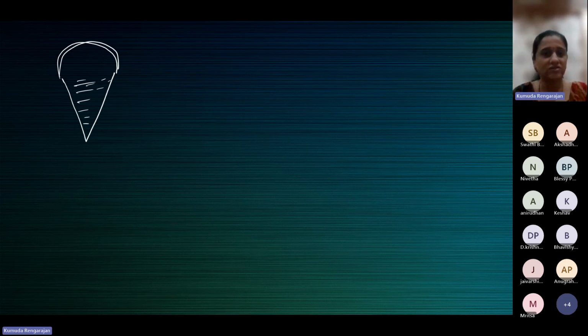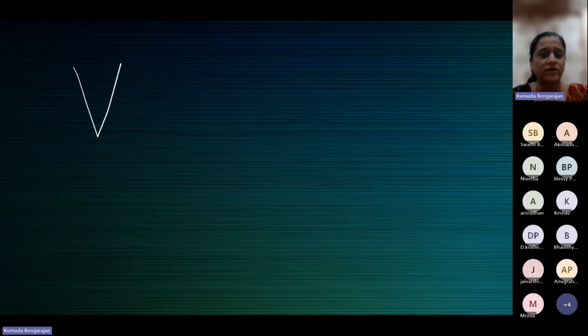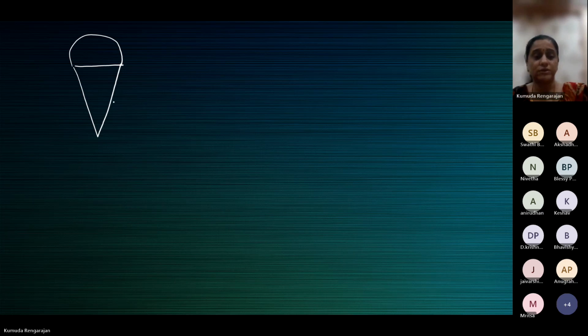That hemispherical thing is not there. How many children will get the ice cream cones? So the cones are filled with ice cream like this. No hemispherical top because it's not mentioned. It's only filled to the brim.